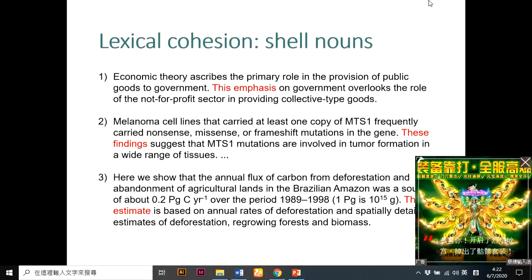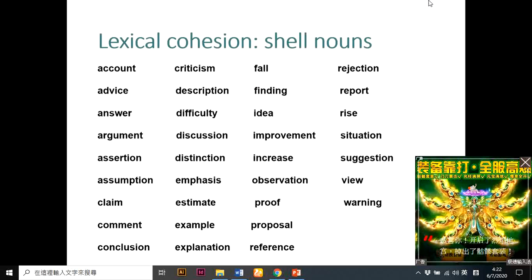Now, these are just a few examples of shell nouns, so let me show you some more that are commonly used in academic writing.